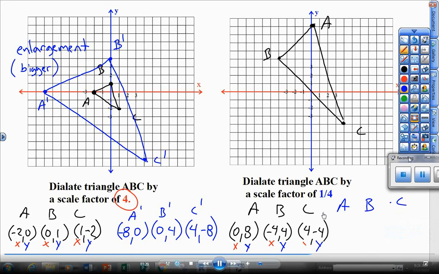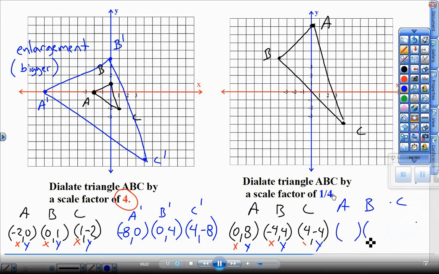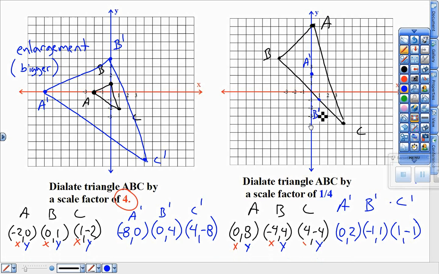So my 3 points after dividing every number by 4: 0 divided by 4 is 0, 8 divided by 4 is 2, this divided by 4 is negative 1, this divided by 4 is 1. This gives me my prime marks to know that that was after the transformation, after the dilation. So 0, 2, then 1, negative 1, and then negative 1, 1.